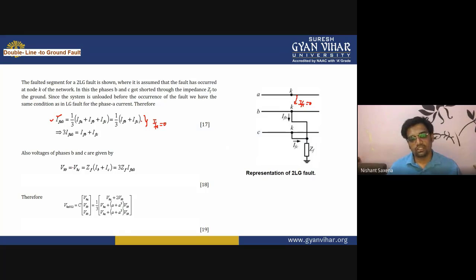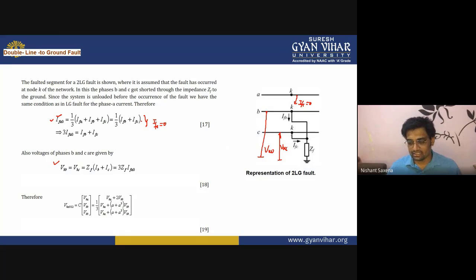Come to the equation. If I write the voltage equations from node K with reference to phase B, which is equal to the voltage at node K for phase C, I will be writing ZF, VABC, VKB and VKC.